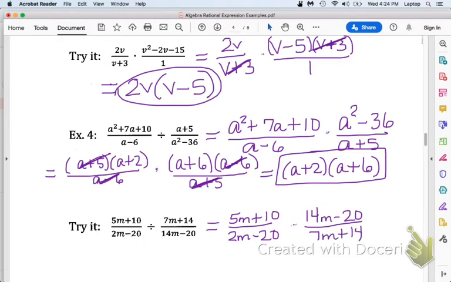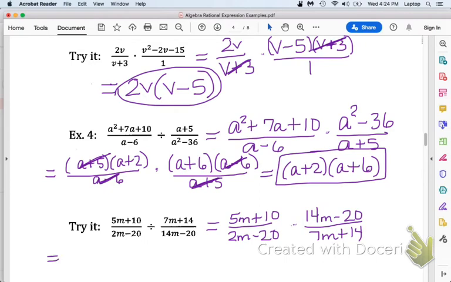All right, now we're going to start looking for some common factors. The numerator of the first one, I have a common factor of 5. In the denominator of the first one, I have a common factor of 2. The numerator between 14 and 20, the common factor is 2. And between 7 and 14, the common factor is 7. So I will factor all of those out.